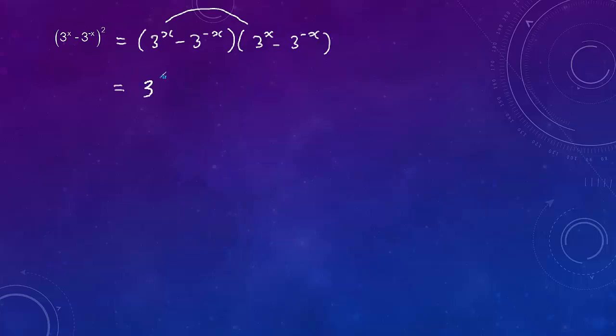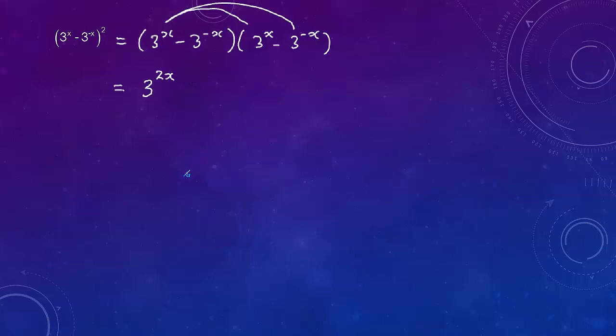Finally, we have 3 to the x take away 3 to the negative x, squared. And remember, to square something means to multiply it by itself. So what we need to do is expand out, usual sort of crab claw technique. 3 to the x multiplied by 3 to the x, we've already discussed that one, 3 to the 2x.